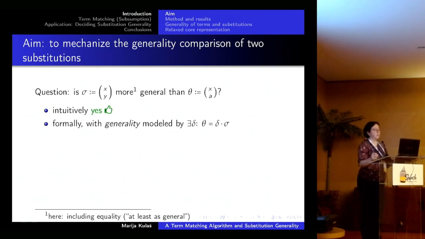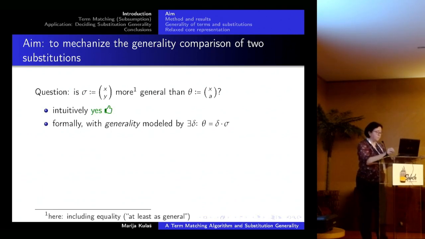So for sigma to be more general than theta, we require that there be a mediating substitution delta, which composed with sigma gives theta. Observe that I'm using the old order of application, so the substitutions will be applied from right to left, not in the meanwhile prevailing post-fixed way.